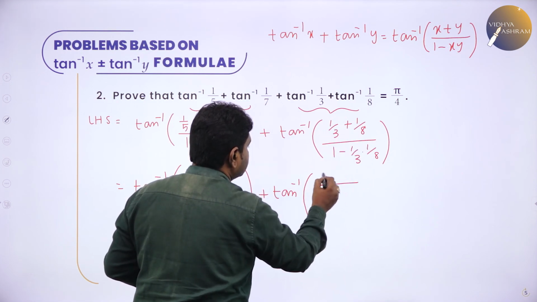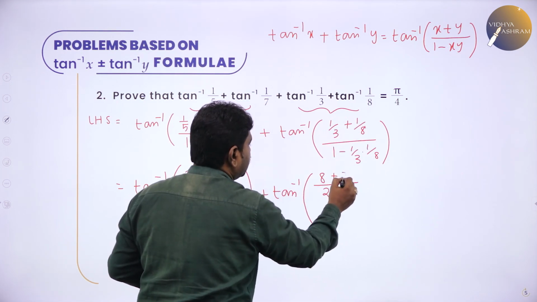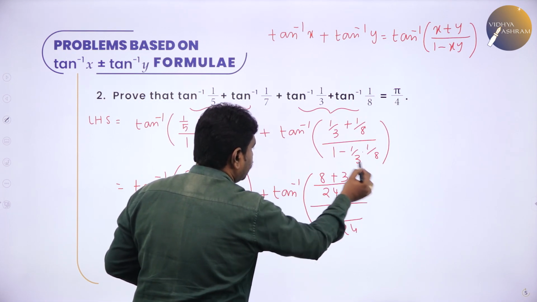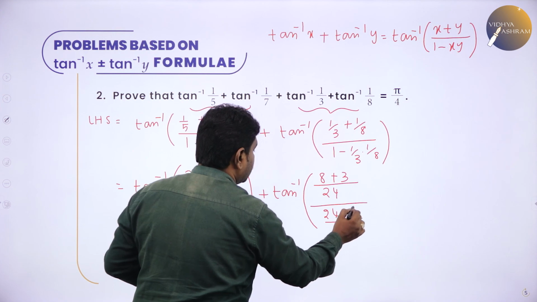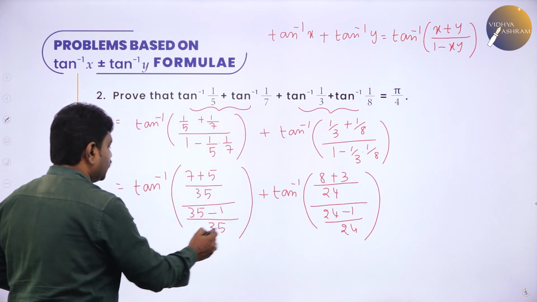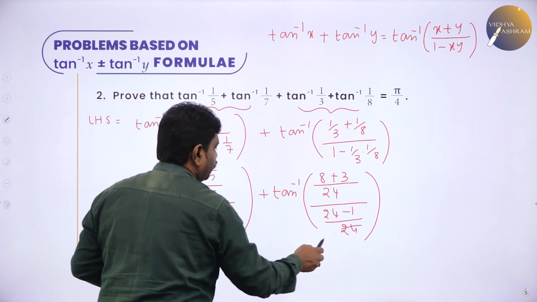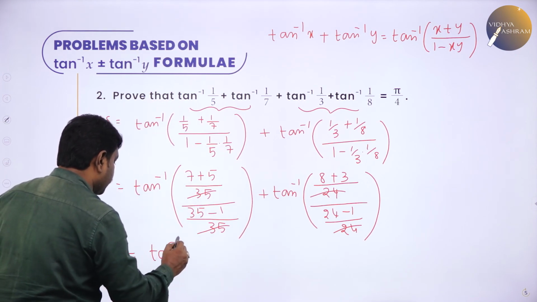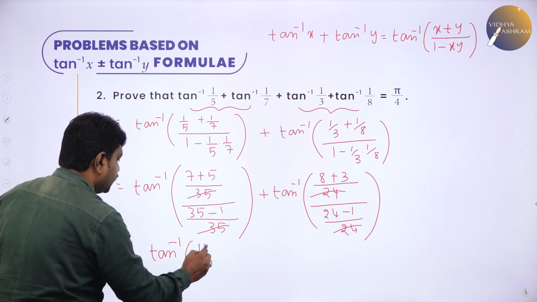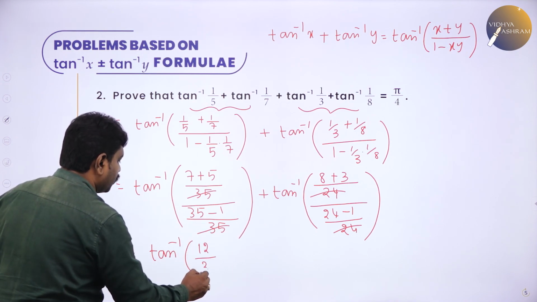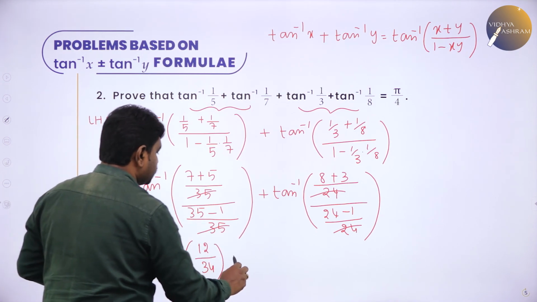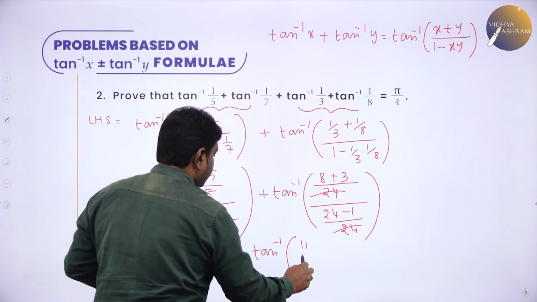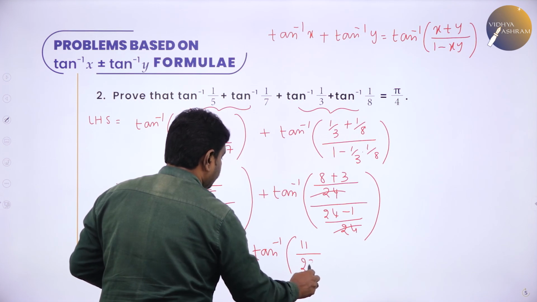Cross multiply. 8 1s are 8 plus 3 1s are 3 divided by, again LCM is 8 3s are 24. 24 1s are 24 minus 1. So 35 cancels, 24 cancels. We are left with tan inverse of 12 divided by 34 plus tan inverse of 11 divided by 23.